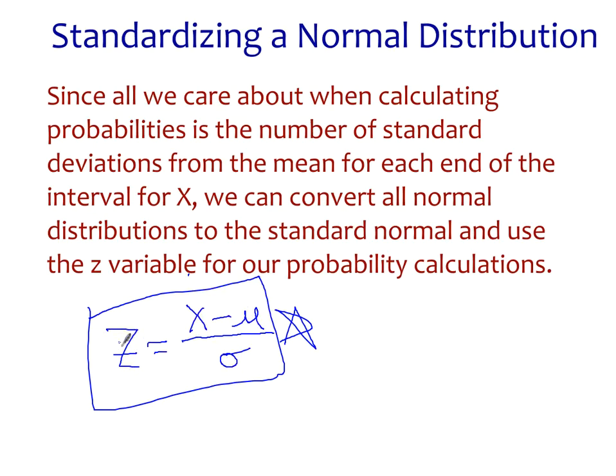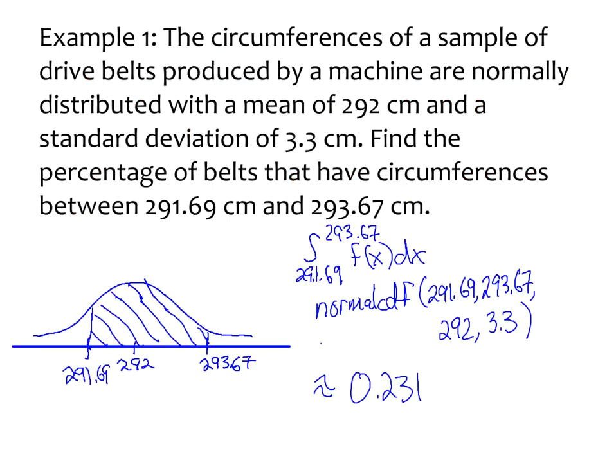So we call this a z-score for a distribution that's not the standard normal. So again, the z-score is the associated z for x, right? So if we were to convert our current normal distribution to the standard normal, what value of z would be associated with a given value of x? That's x's z-score. So let's take that formula and see how we can apply it in this problem.